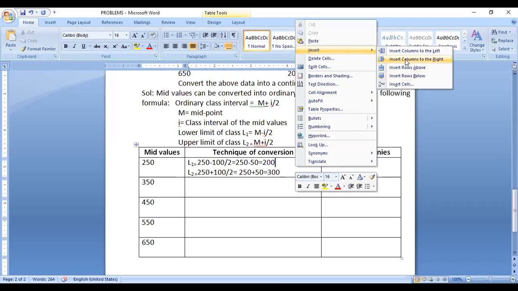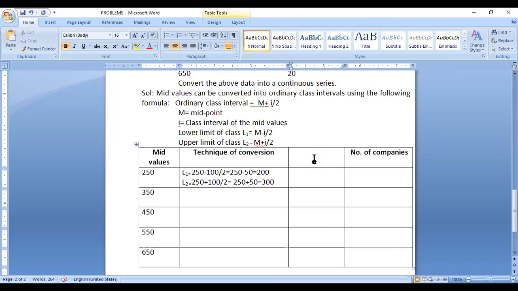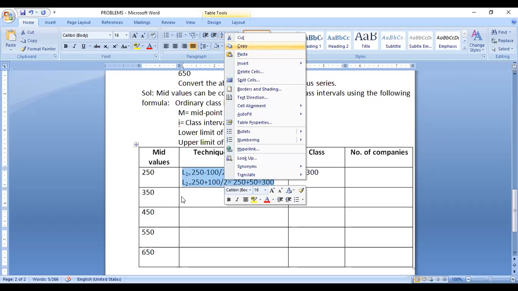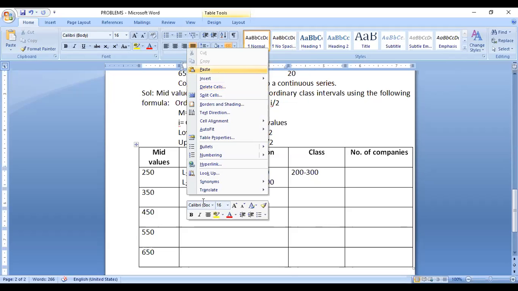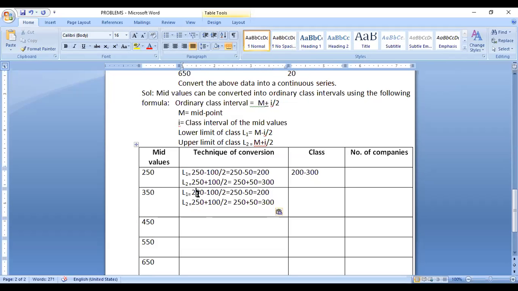So we will insert another column. Here we can take it as class. So now this class will be 200 to 300. Now see, in case of L1, it is lower class limit. You have to find 350 minus 100 by 2.